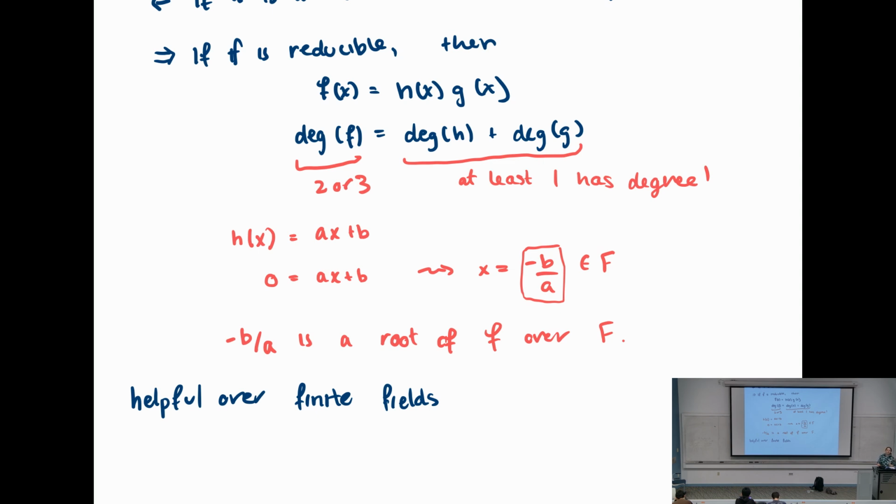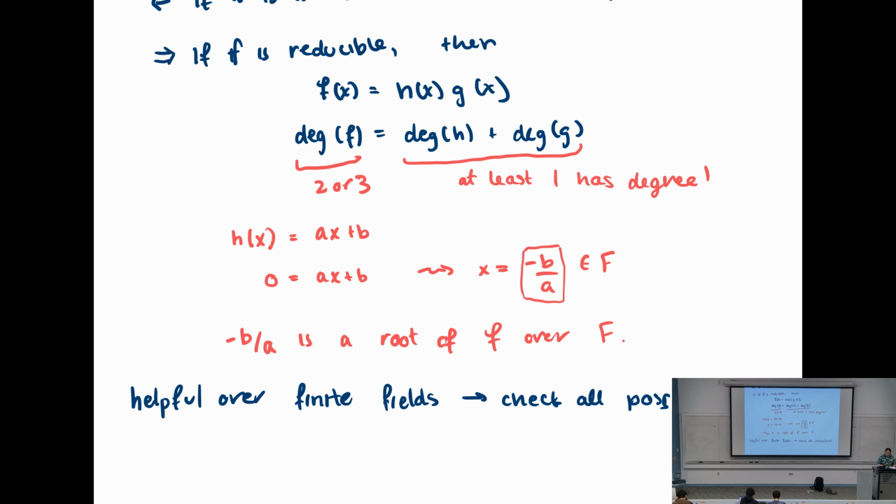Because then you can just check all of the possibilities. And then you'll know whether or not your polynomial is reducible or irreducible.